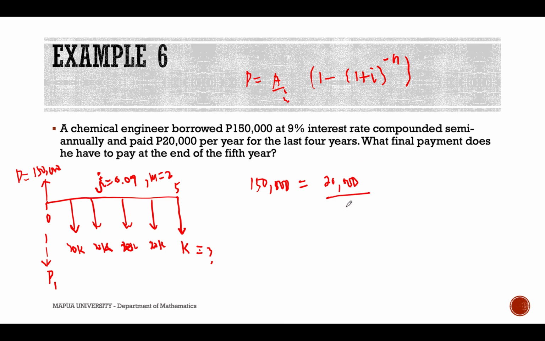over your I, which is J over M, and then N is MT. So this will be 0.09 divided by 2.